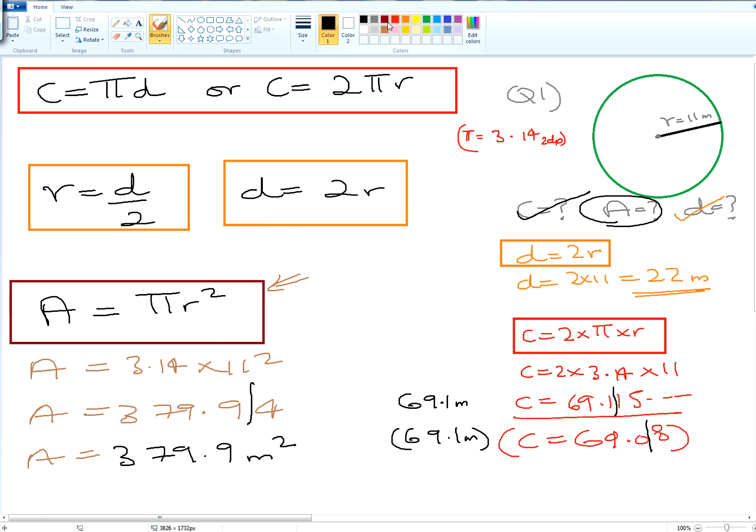So now, what do you realize about the units for this particular question? It's meters. Is it? Meters squared. Times 11 squared, you type the 11 then squared.